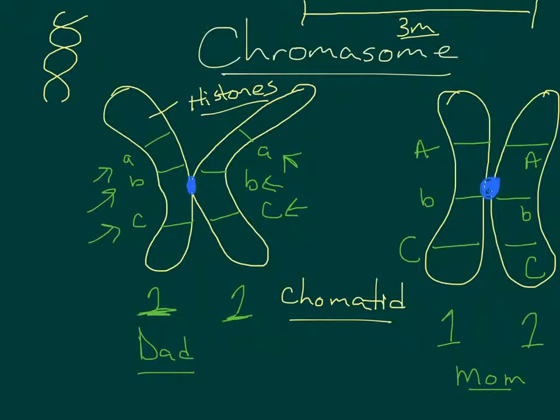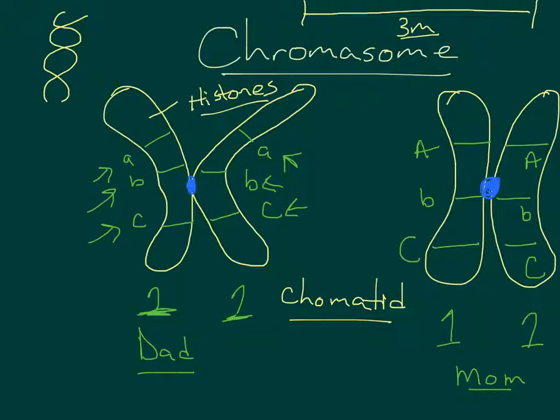Now remember, during mitosis, the whole point of condensing the DNA into what we call a chromosome, or winding up the DNA, is to package it so that it can be sorted, and so that during mitosis they can be separated clearly. So you get one copy from Mom and one copy from Dad into each new cell.